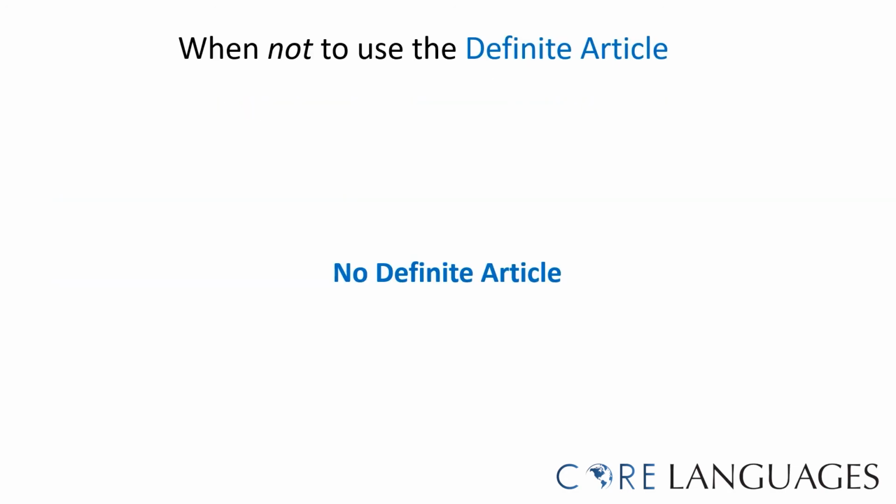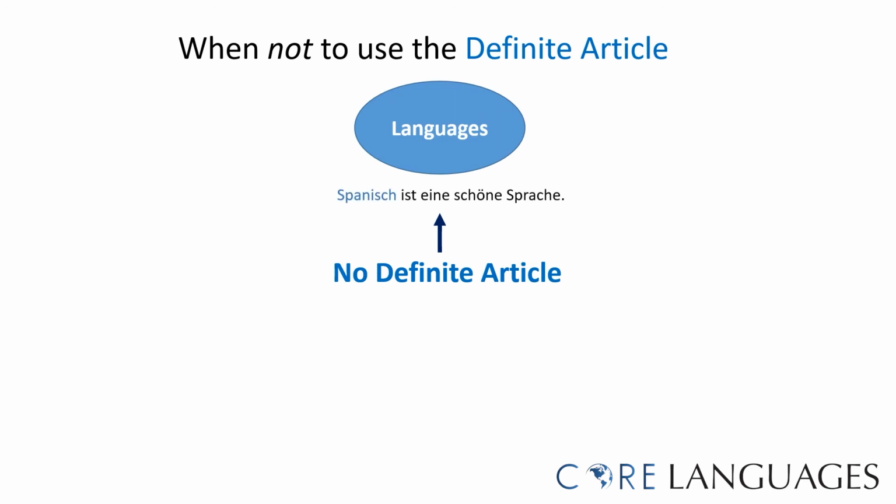It is also important to understand when not to use the definite article. We do not use the definite article when referring to languages. For example, Spanisch ist eine schöne Sprache. Spanish is a beautiful language. We don't use the definite article for proper names.